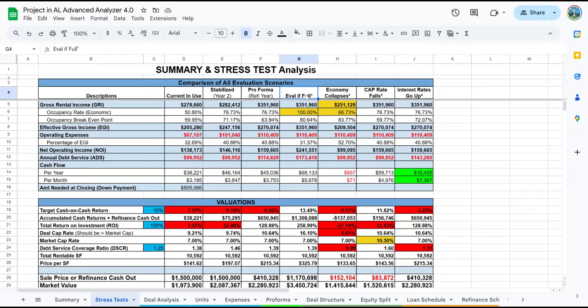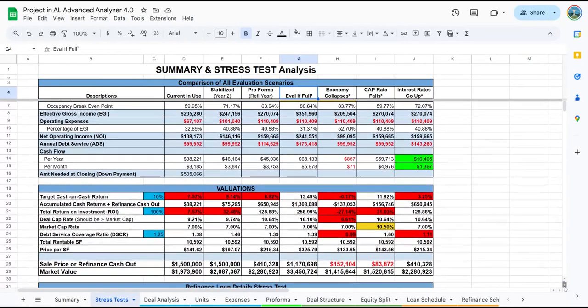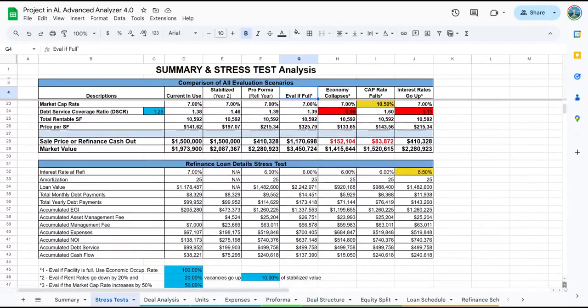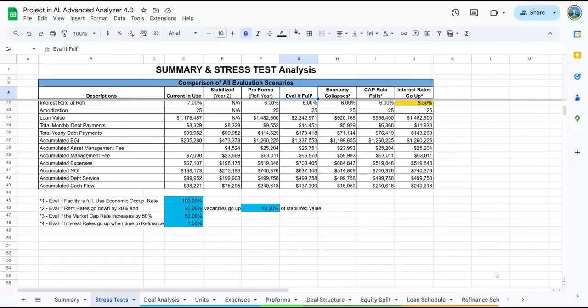So you'll notice here that they have a superscript. Eval of full is 1, 2, 3, and 4. Now, in order to see what each one does, we'll scroll down here to the bottom, and you have these descriptions of what each economic situation covers.